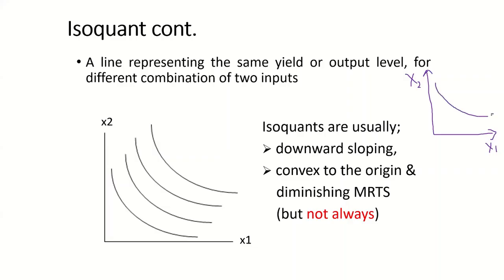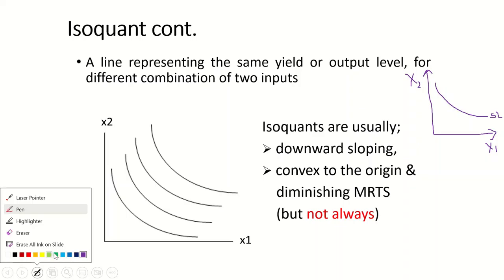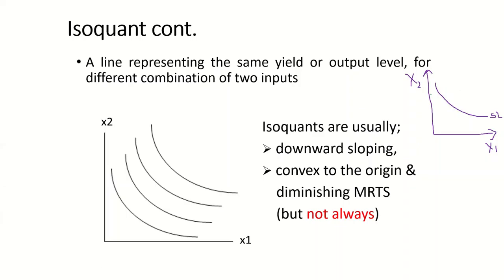Now, irrespective of the combinations that you use, you would still get 52.